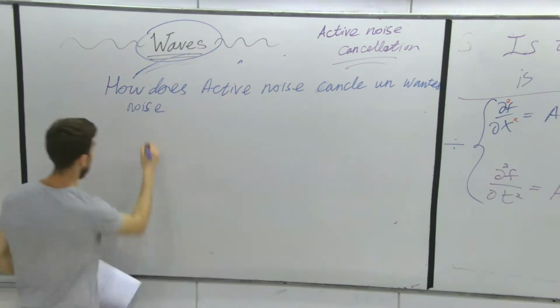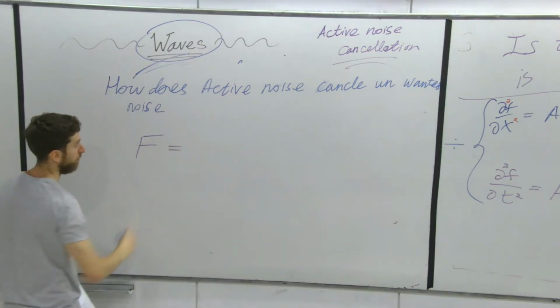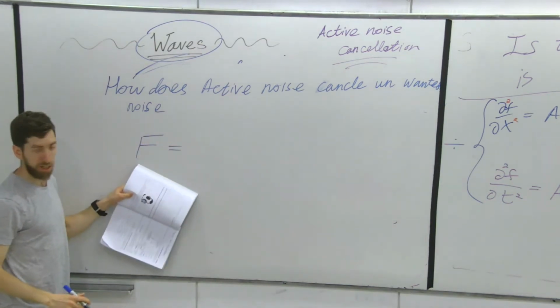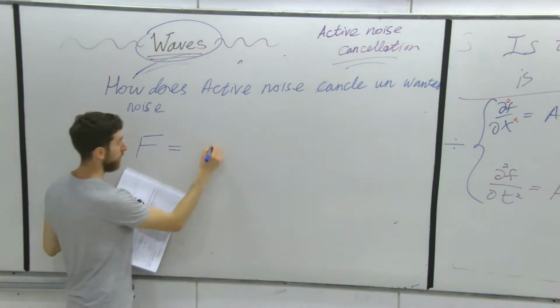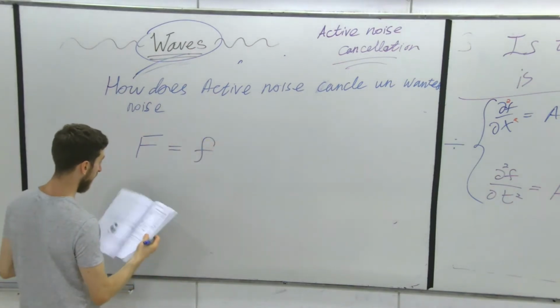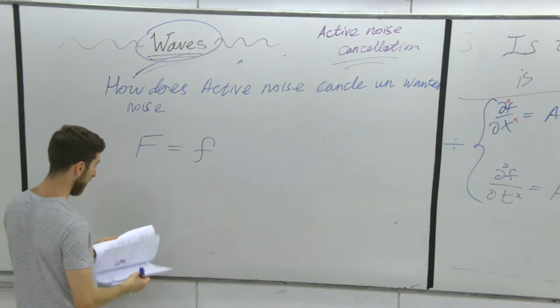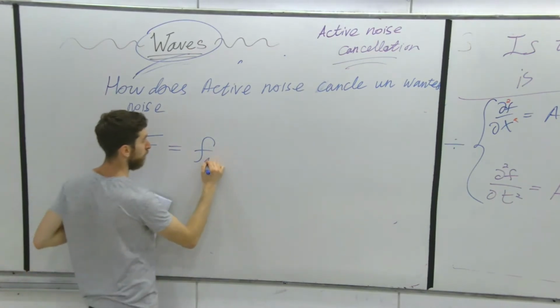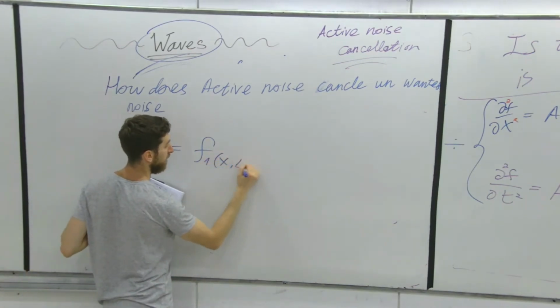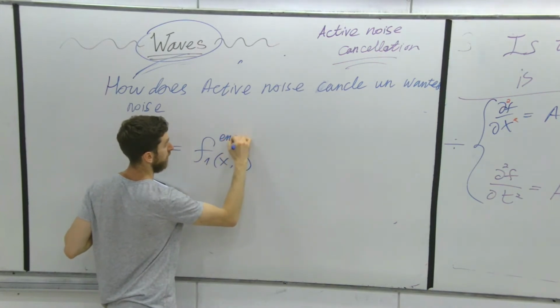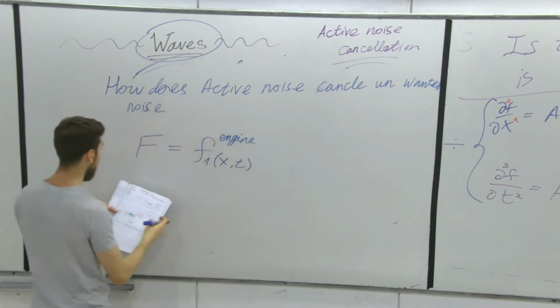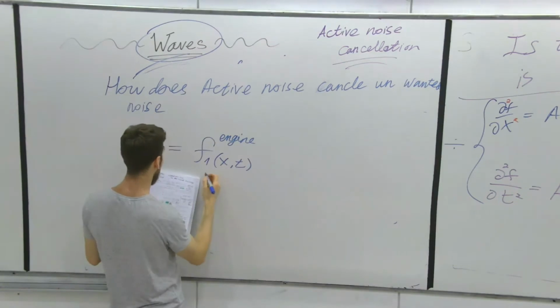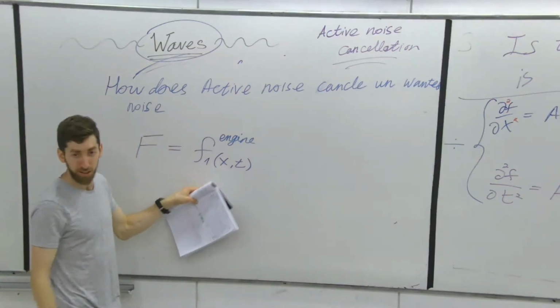So your ear, this is F, big F, okay? So what is your ear actually hearing? The engine, right? So let's call it F1. It's a function of x and t. This is the engine, and in a general case this is unwanted noise, could be anything.